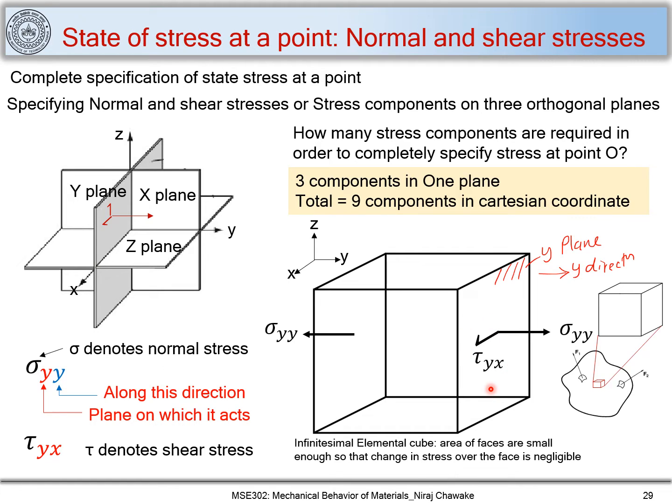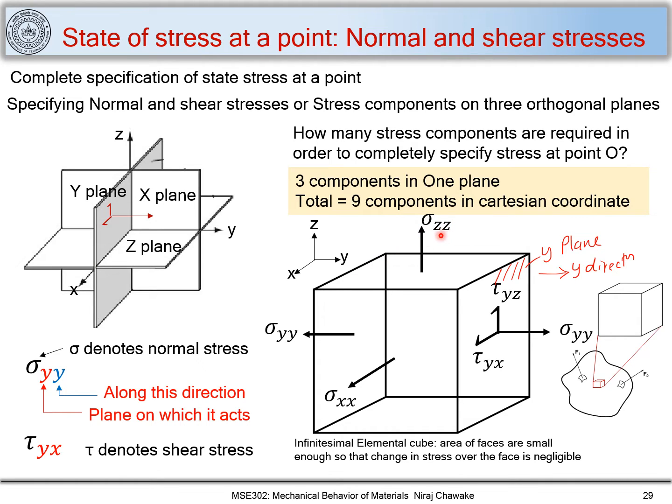Now let's look at some other components here. Let's say tau yz. Tau yz is a shear stress acting in the y plane, and along the positive z direction. Similarly, let's understand sigma zz and sigma xx. Sigma represents normal stress, so this must be perpendicular.